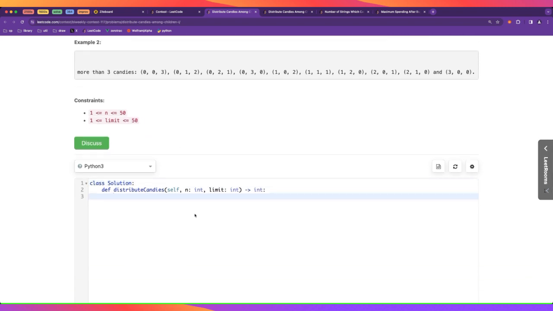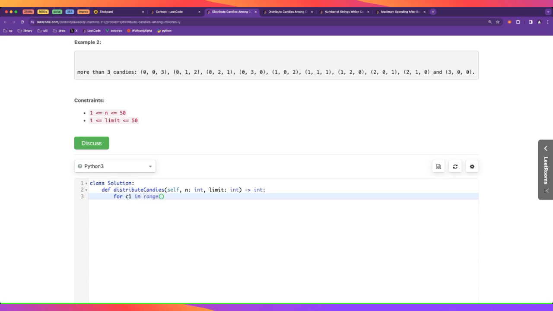So what can we do? We can first consider how many candies we're going to give to the first child. By consider, I mean we can just loop over all the possibilities. Let's call it C1, the candies that child 1 is going to get.